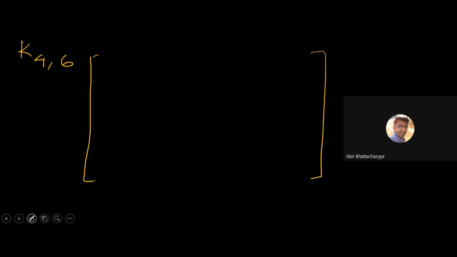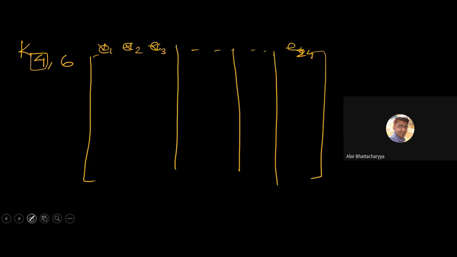So for each row, 4 parts will be there, over 24 columns: E1, E2, E3 up to E24. So how many parts are there? 4 parts: 1, 2, 3, 4. First part is for V1, second is for V2, third is for V3, fourth is for V4. Clear?